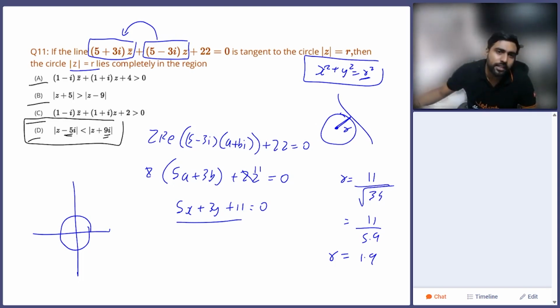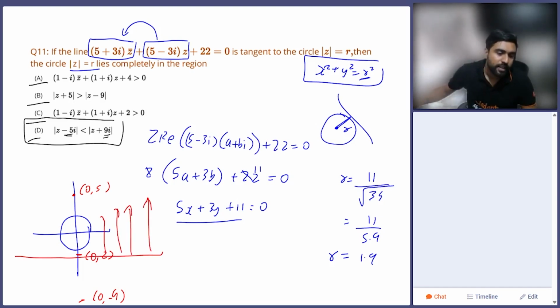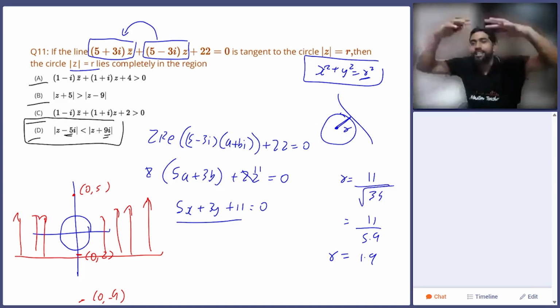If I plot this, it is the collection of points where the distance from the point 0, minus 9, which will lie a bit more down over here, has to be greater than the distance from 0, 5, which lies somewhere over here. So that region is simply given by their midpoint, which is 0, 2. The entire collection of points present above this line of 0, 2 will come into play.